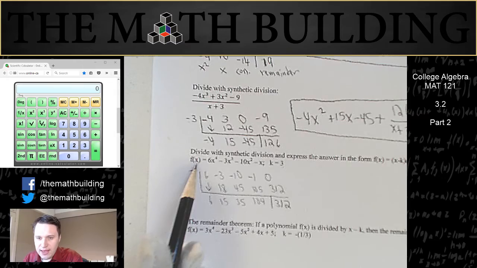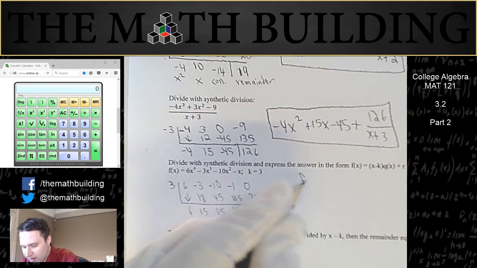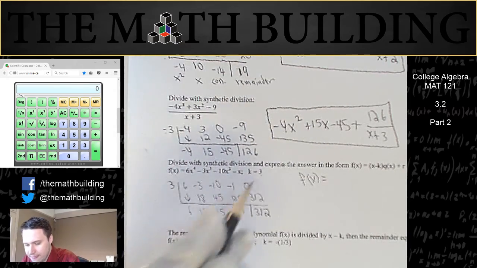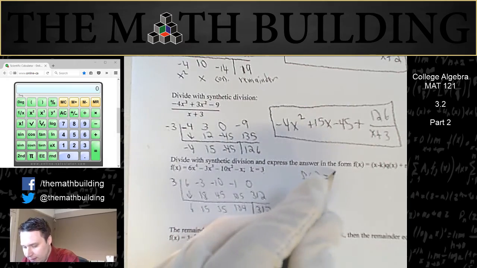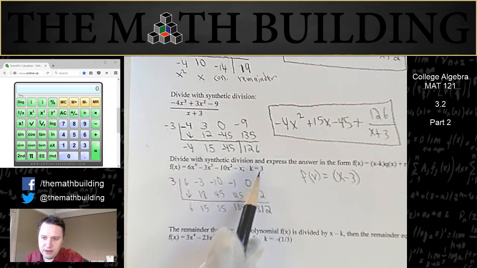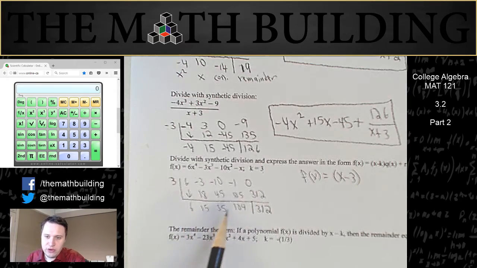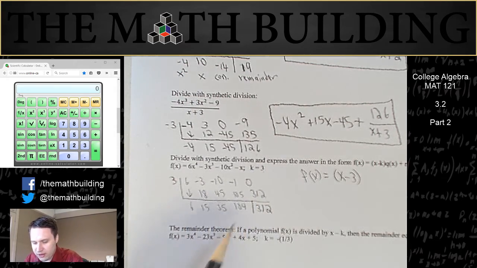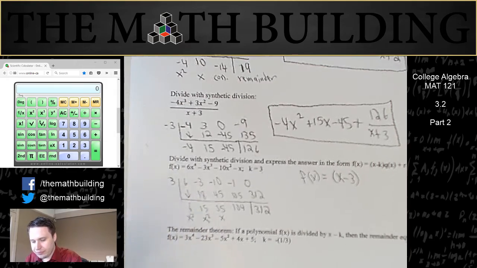So let's rewrite f of x. F of x is equal to x minus 3. Here's where you have to flip the sign. So it's x minus k, so x minus 3, times our reduced polynomial. So here's the constant, x, x squared, x to the 3.